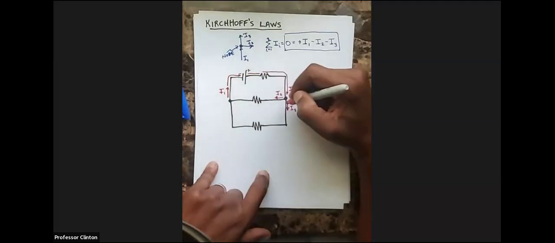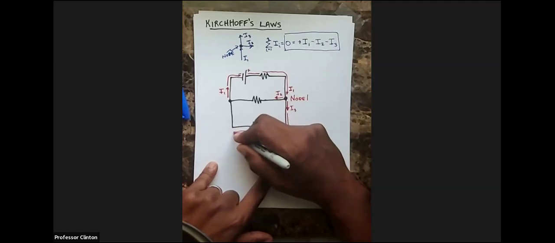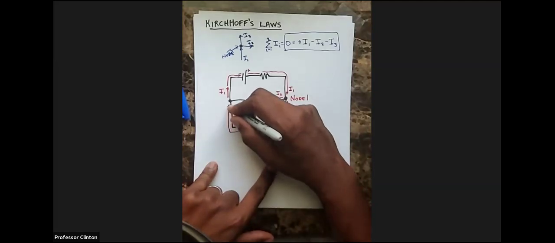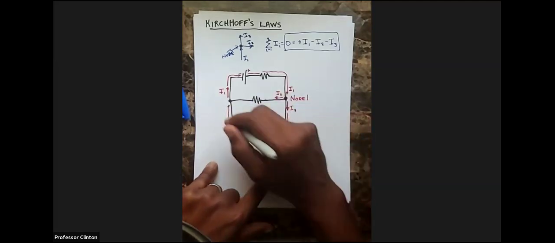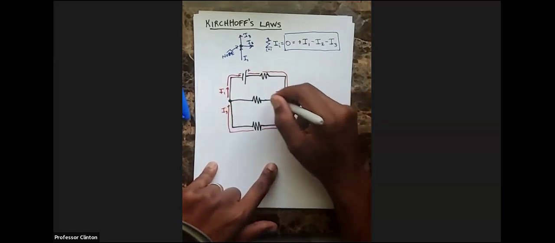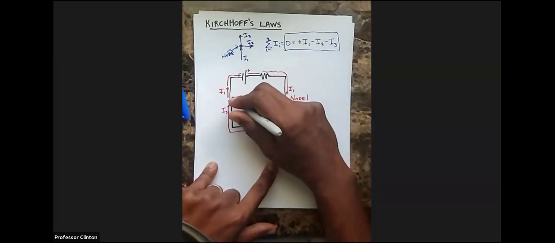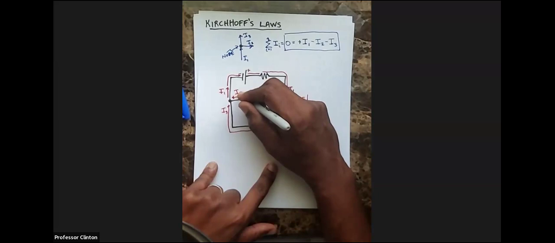As this current continues through this wire and through that resistor and into that node, it is still current I3. And as this current goes through this wire and through this resistor, it becomes current I2.